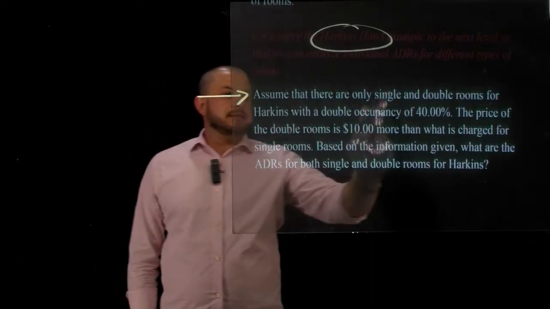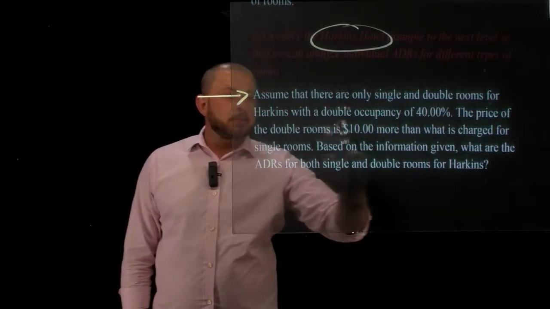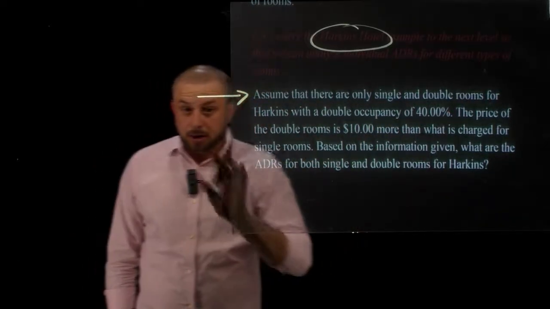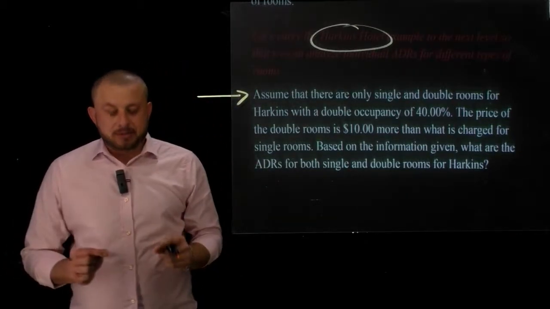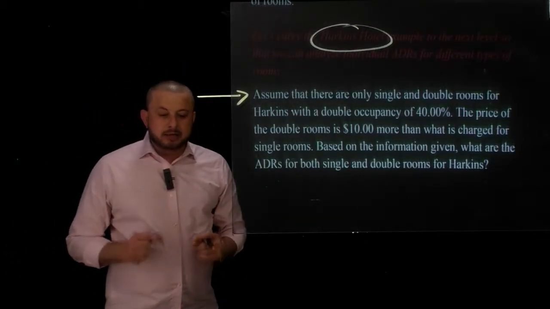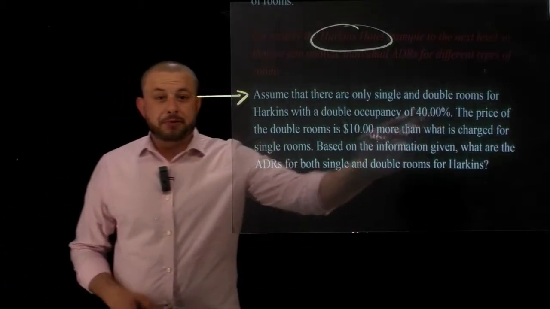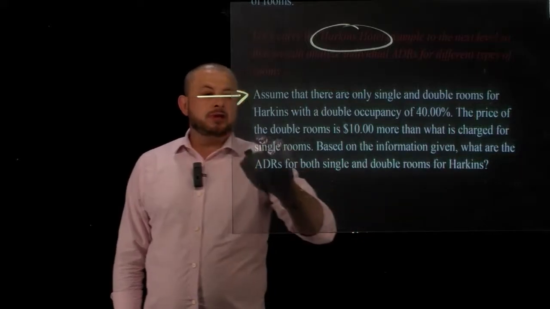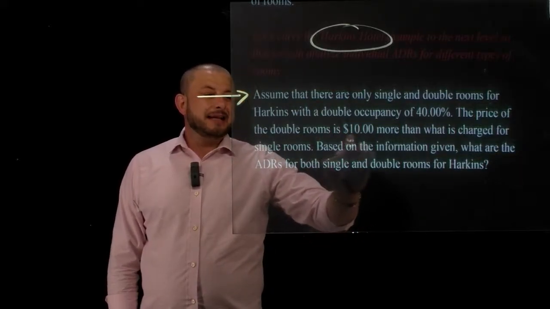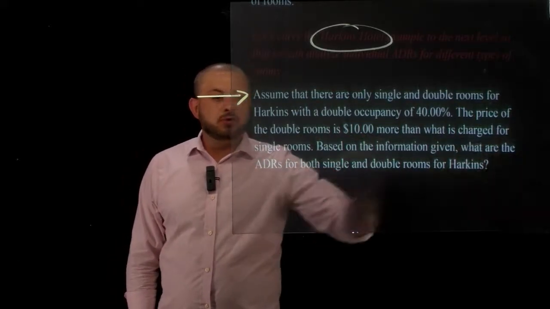Assume that there are only single and double rooms for Harkins with a double occupancy of 40%. Double occupancy means that there are only double rooms occupied in the entire hotel, okay? And it is 40%. The price of the double rooms is $10 more than what is charged for single rooms.